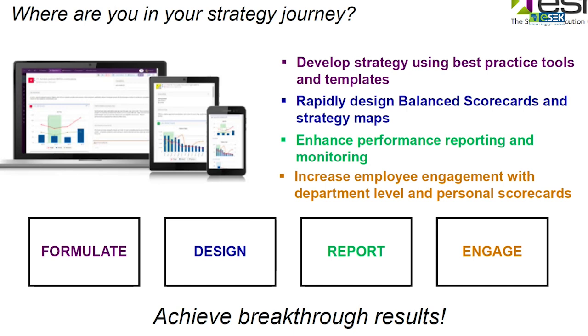Whereas others are just trying to engage. They've got a reporting process down, and they're trying to engage their employees, link them to the strategy so that they can figure out how they fit into the framework. So I use the terms formulate, design, report, and engage to articulate different stages of maturity and where organizations are in their own strategy journey.